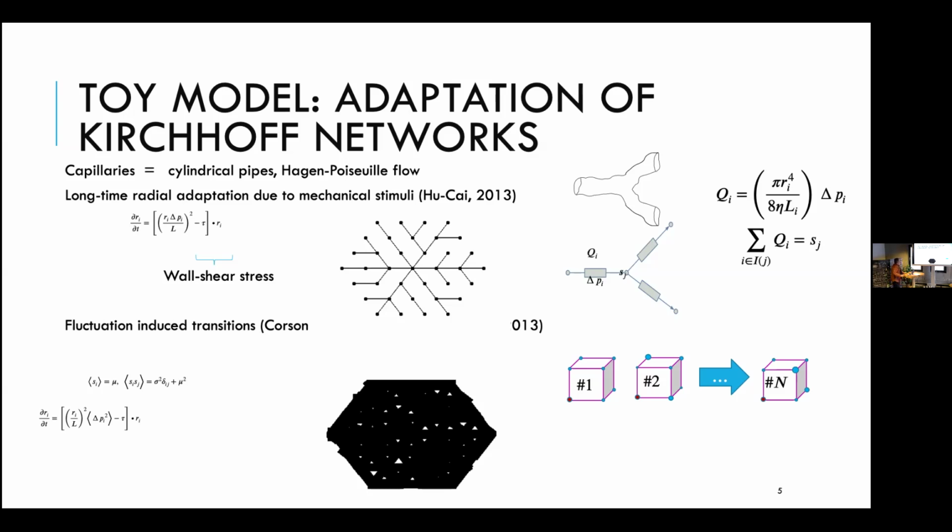Anyway, the idea is that you do the same thing, but now instead of calculating a specific set of pressure drops on every link, you do many, many realizations with fluctuating sink and source strengths or locations.